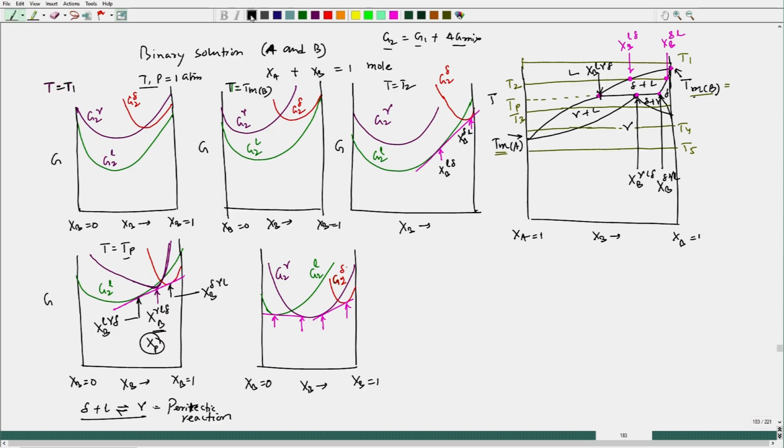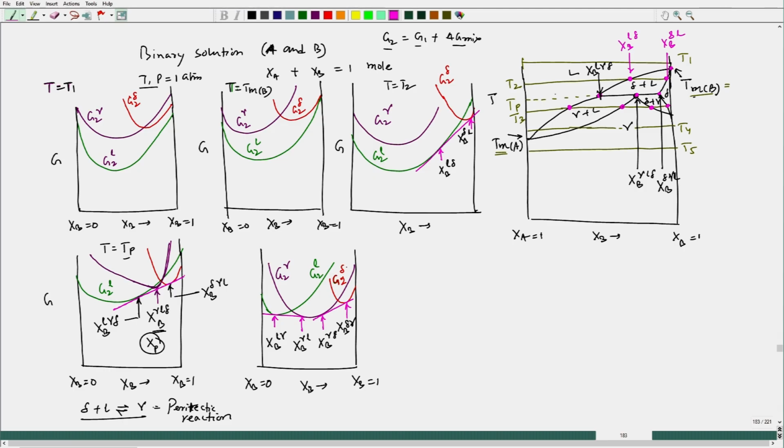So, these compositions can be marked as Xb of liquid in equilibrium with gamma. This is Xb of gamma in equilibrium with liquid. This is Xb of gamma in equilibrium with delta. This is Xb delta in equilibrium with gamma. And these 4 compositions are marked here. So, this is one, this is another, this is another, this is another.